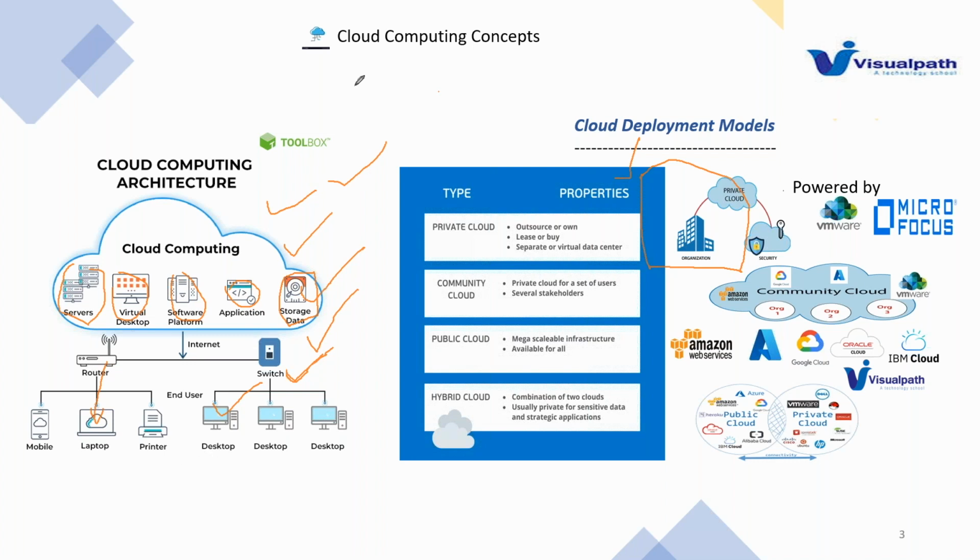But if we start with the client-server model, we have a client, a laptop, and we have a server. If we think that this is the client and this is the server, we can think of the client as a mobile.